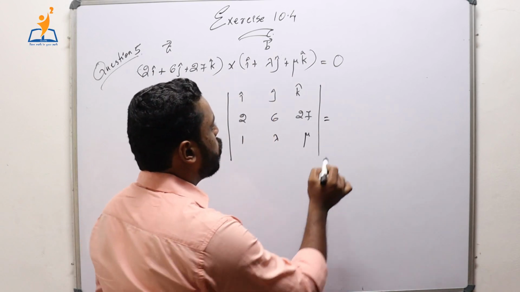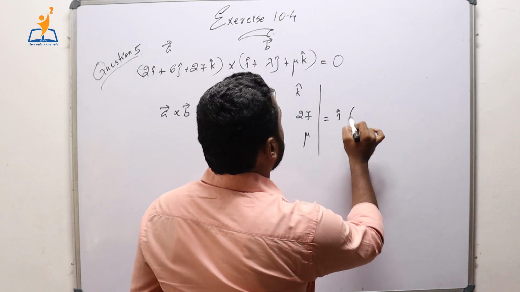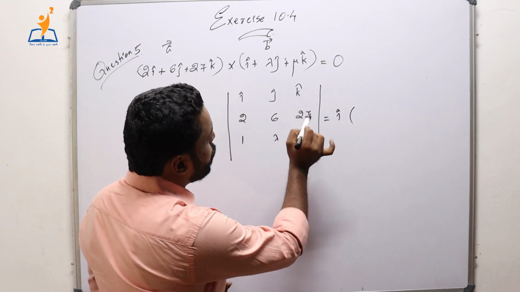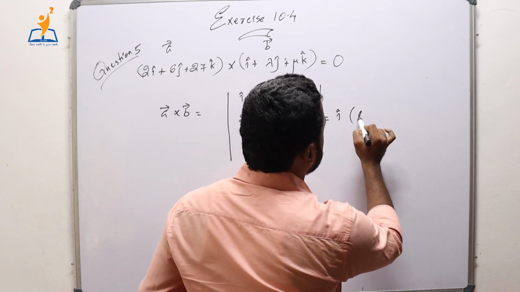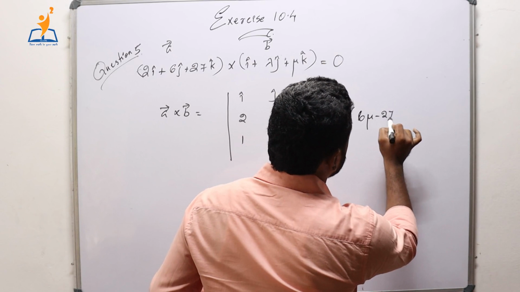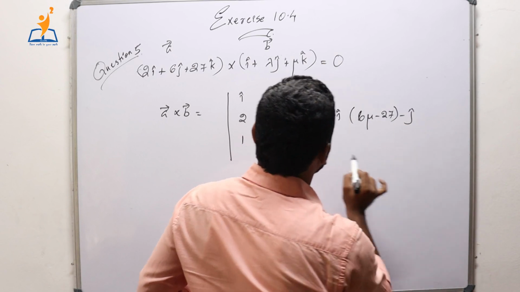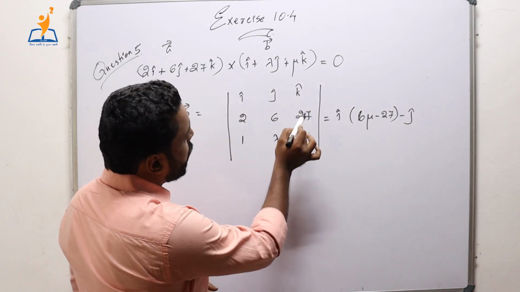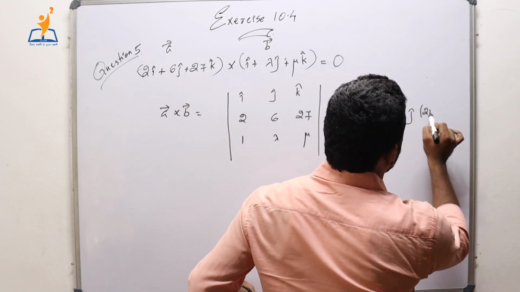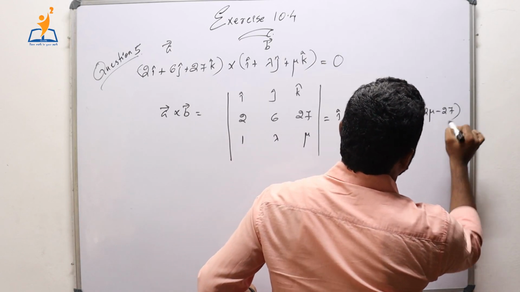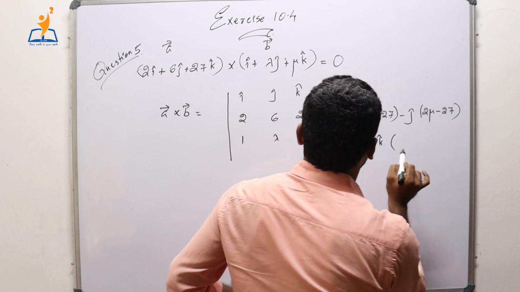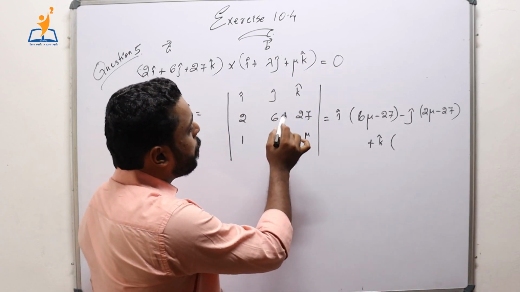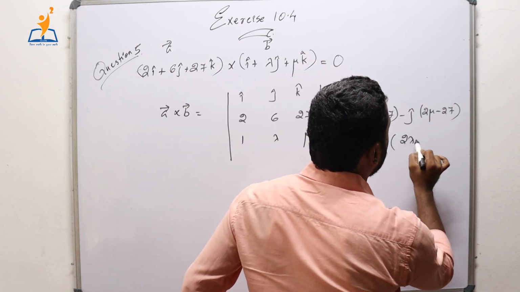It is equal to I into (6 mu minus 27 lambda) minus J into (2 mu minus 27) plus K cap into (2 lambda minus 6).